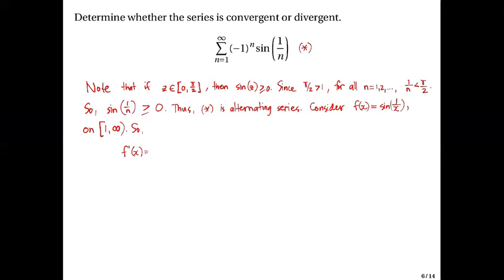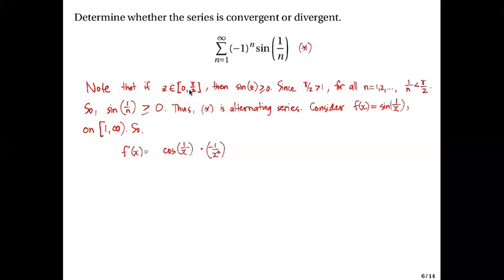The derivative of sine of 1 over x is cosine of 1 over x times, by the chain rule, the derivative of 1 over x, that's negative 1 over x squared. Correct?